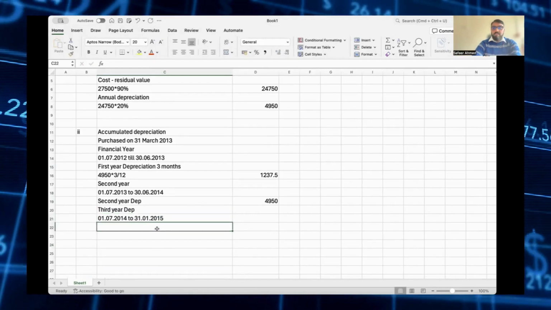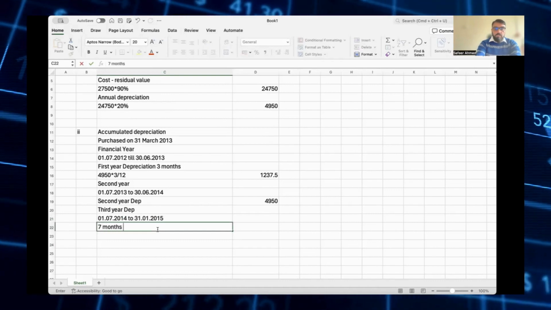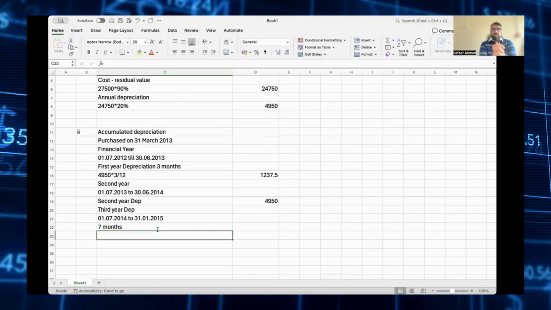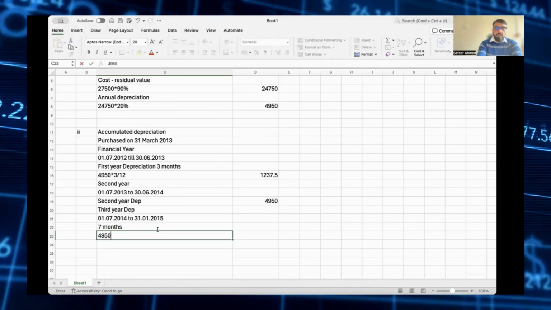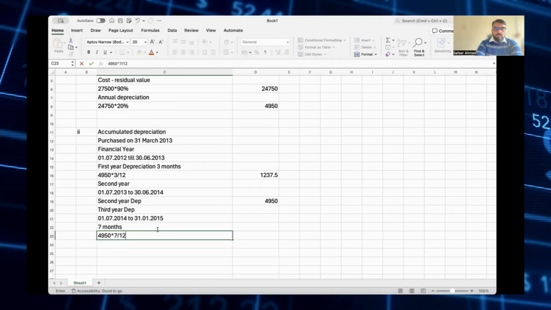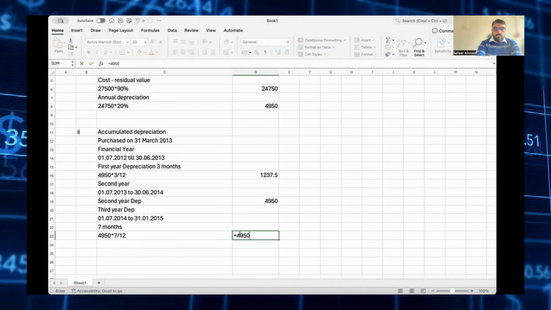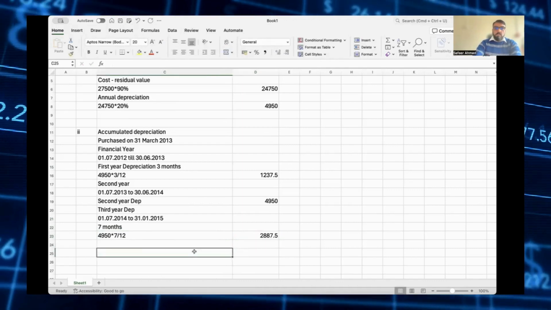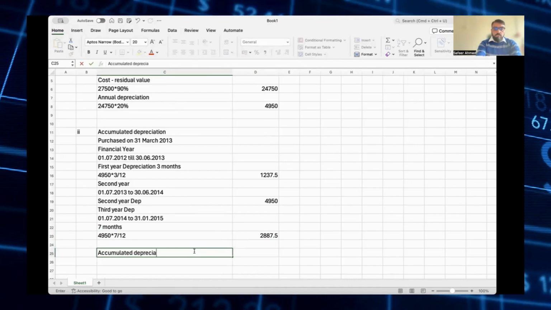How many months is that? 7 months. So again, we will be calculating the depreciation in relation to this van by proportioning it for 7 months. We know the annual depreciation, which is 4950, times 7 divided by 12. Which is that. And accumulated depreciation will be when you add all of them together.